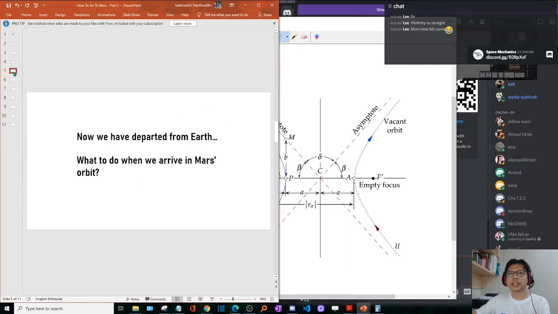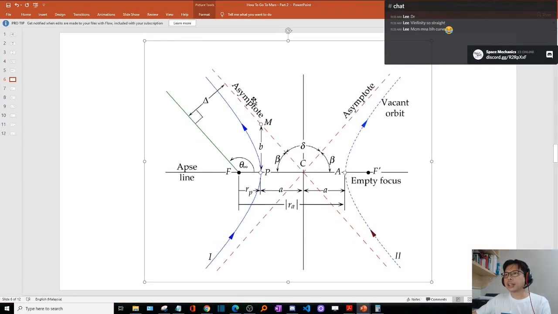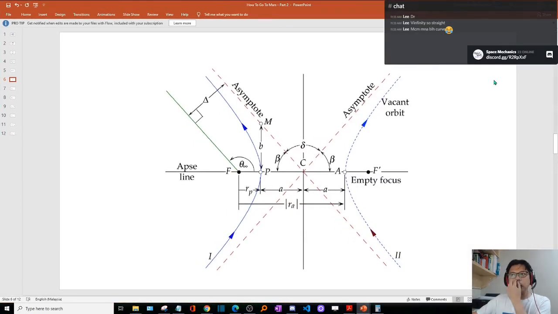Let me paste it here. If you can see this, the question Lee was asking is, why is velocity V sub infinity so straight?